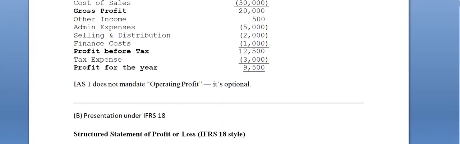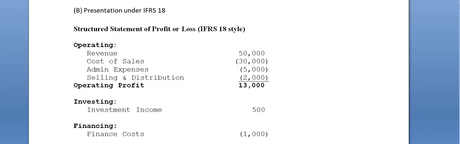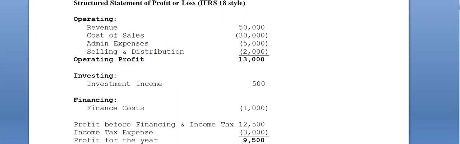And so now the same content of information that was given to us, we have been able to use it to prepare under IFRS 18. But I told you, IFRS 18 now structures the entire statement of comprehensive income into four basic headlines.